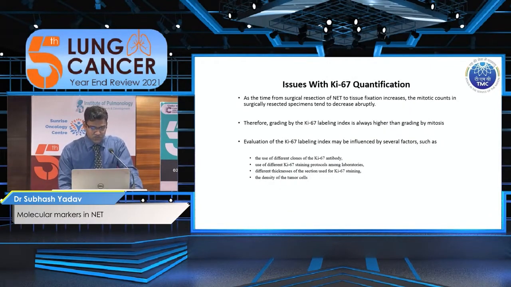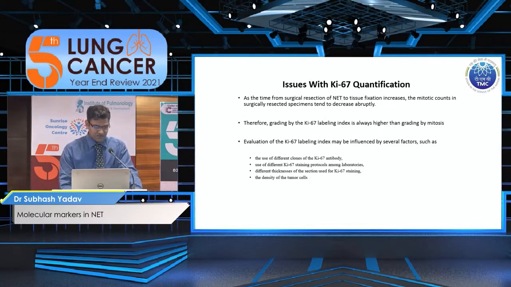There are some issues with Ki67, especially because of tissue fixation and storage time. If there's a big time gap between the specimen being resected and sent to the pathology lab, there is a drastic decrease in the MIB1.